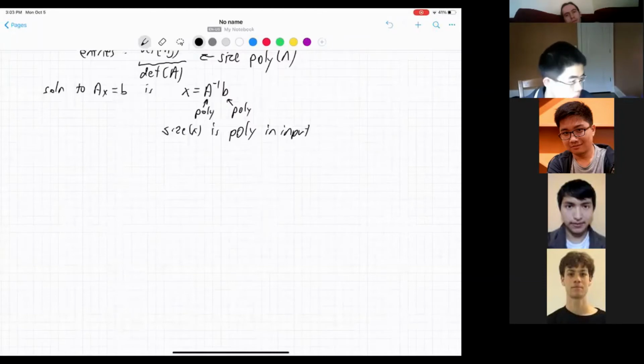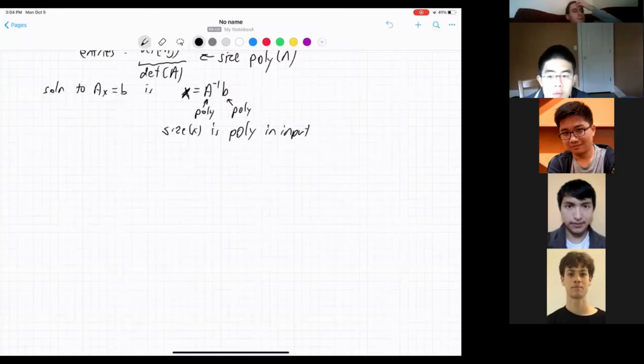Similarly, x itself is a vector, but it may consist of n of those gigantic numbers. Gigantic, but still polynomial.